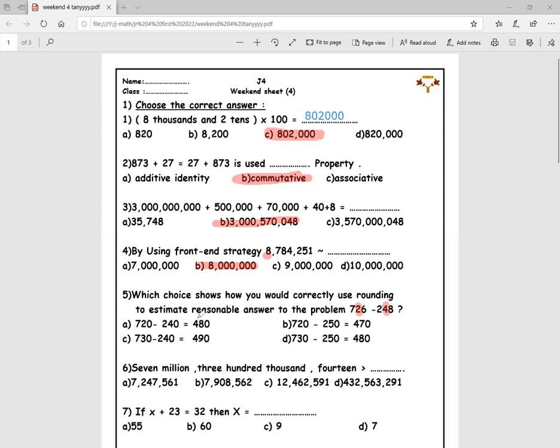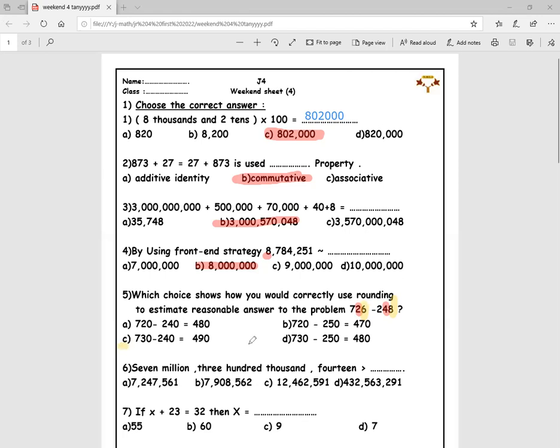Okay, but what if all of them are rounded to the tens? So this time I will look at the ones. Let's see here. 726, rounded to the tens, is it 720? No. 730? Yes.